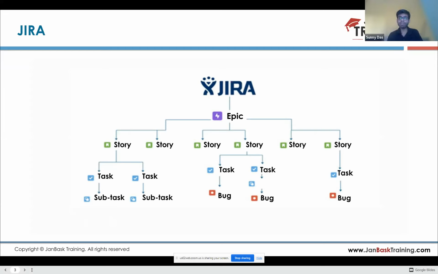Sometimes in some projects or companies, apart from epic, they have something called an initiative, which is a more high-level thing. So there will be an initiative, and then the initiative will be divided into some epics, and then those epics will be divided into stories.